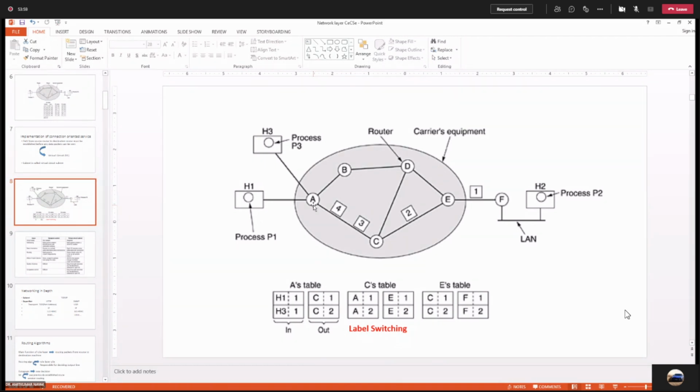Are you getting what I am saying? All the intermediate devices are maintaining the buffer, the memory. What will happen if that memory gets full? If no space is available in the memory of router A, this event is known as what?